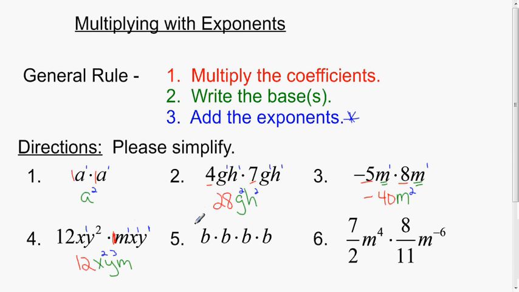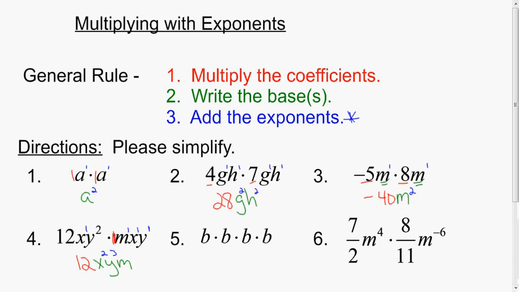It remains 1. I don't write the 1. We don't need to write the 1 when it's the multiplier, or coefficient, or an exponent. So the answer is 12x squared y cubed m. The letters could be in any order. Most books actually alphabetize them in their answer keys, so you would probably tend to see here that this would say 12m x squared y cubed.